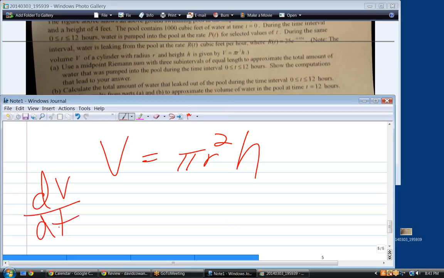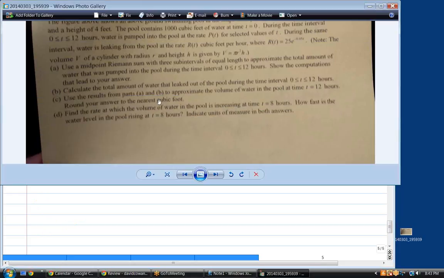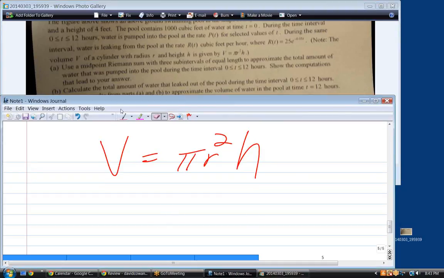Well, how are we going to get that? We're going to have to implicitly differentiate this volume here. Now, when you implicitly differentiate, we're trying to find dV/dt. That's what they've asked about, right? Find the rate at which the volume of water is increasing at t equal 8.